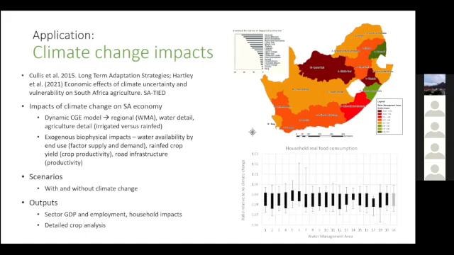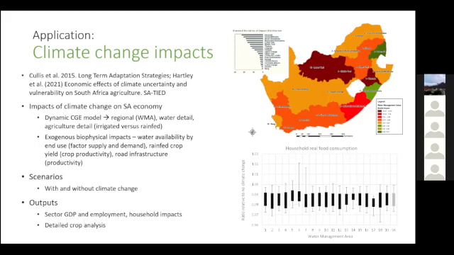For rain-fed crop yields, the outputs from a crop model provided information about how the rain-fed yields would change under different climate conditions. And that information is used to inform the productivity of crop agricultural sectors in the CG model. And then for road infrastructure, this fed into the CG model through the impact on productivity.